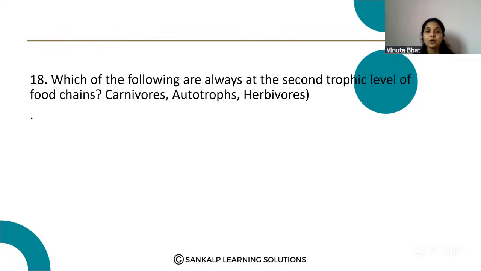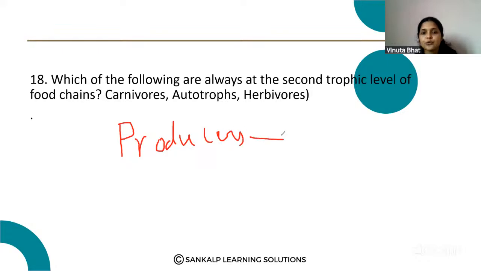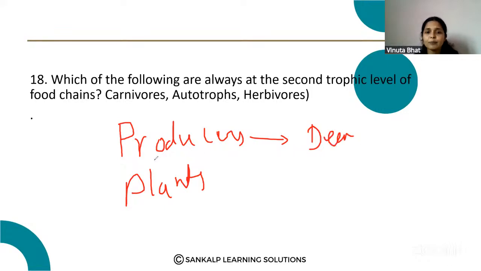Next one. Which of the following are always the second trophic level of the food chain? Here, the first trophic level is occupied by the producers. Producers means green plants. The organisms which depend on these producers directly, for example deer, rabbit, grasshopper, all depend directly on these plants.